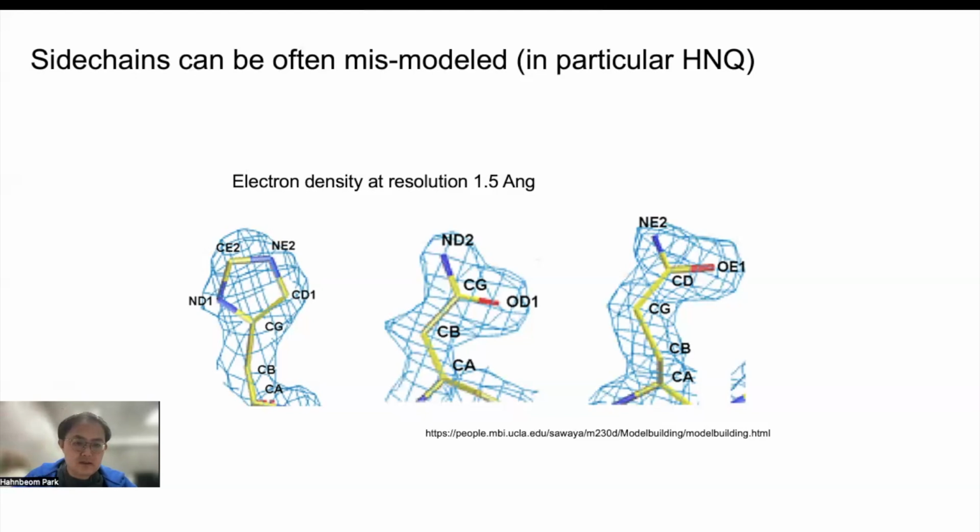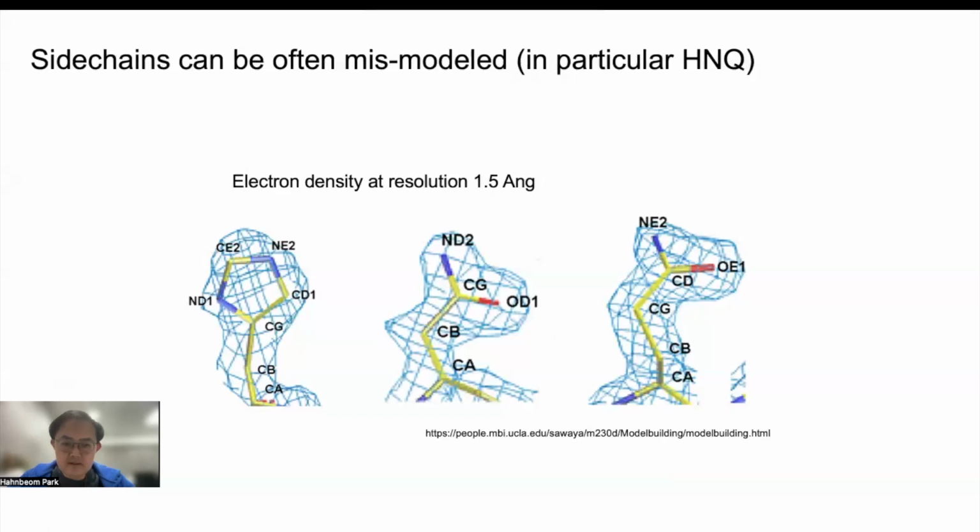Same story for asparagines and glutamines, that this nitrogen can be flipped with oxygen. Again, how to fit these elements into density is up to the experimentalist.